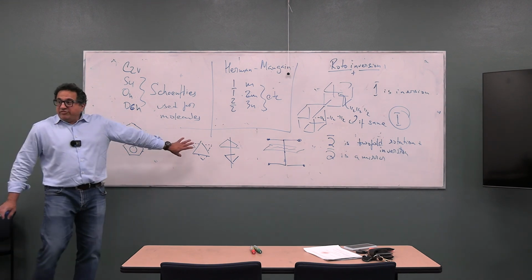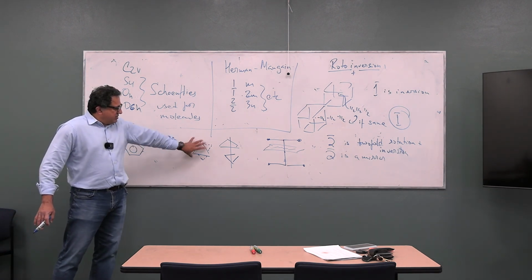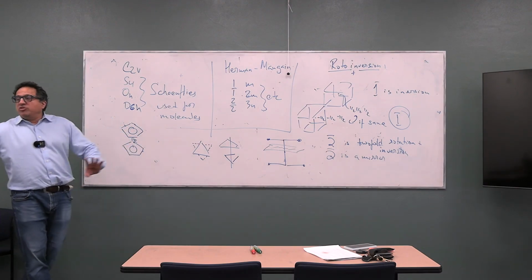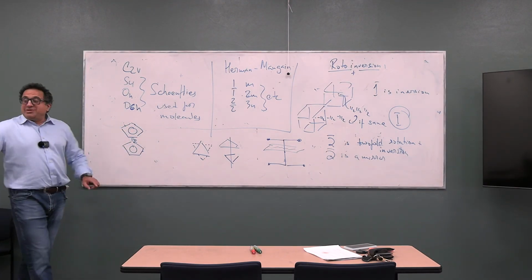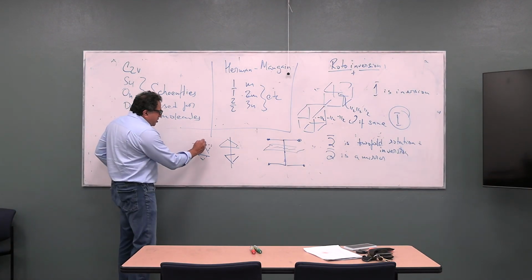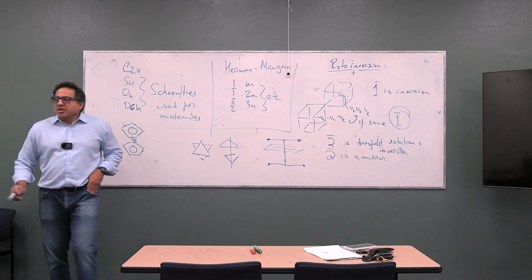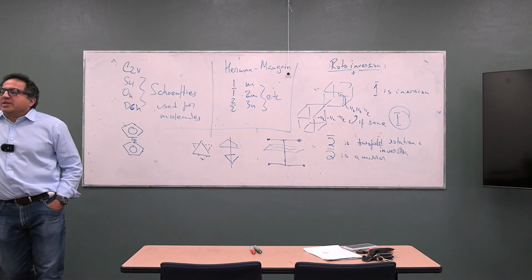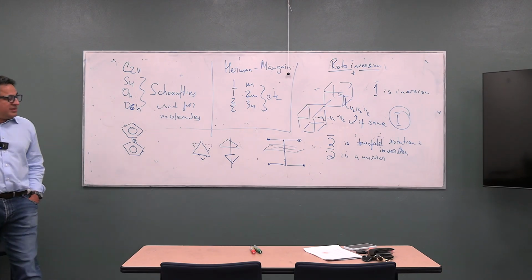A threefold rotation on a triangle is not going to change the triangle. But a threefold rotation of this object plus an inversion takes this point to this point, this point to this point, this point to this point. So a Star of David is made with two equilateral triangles.